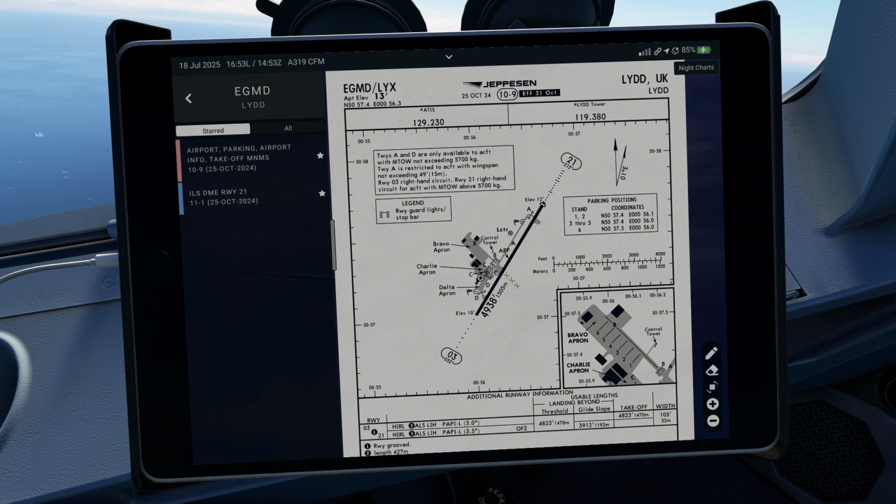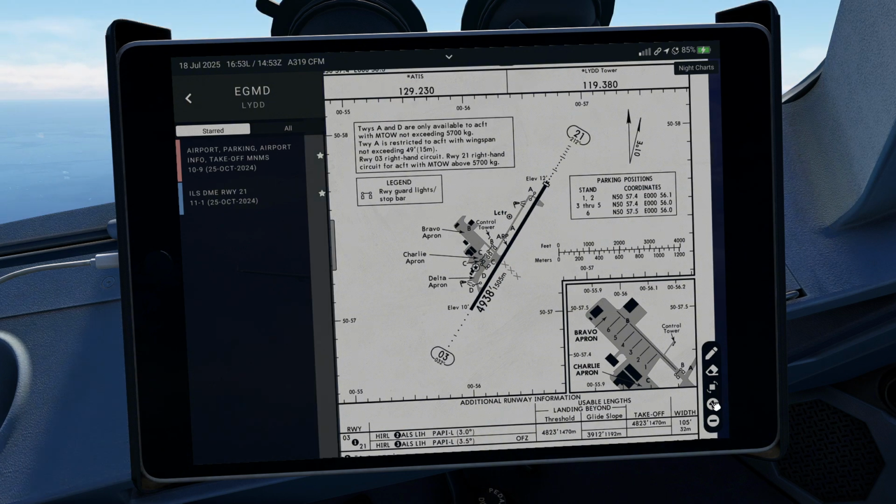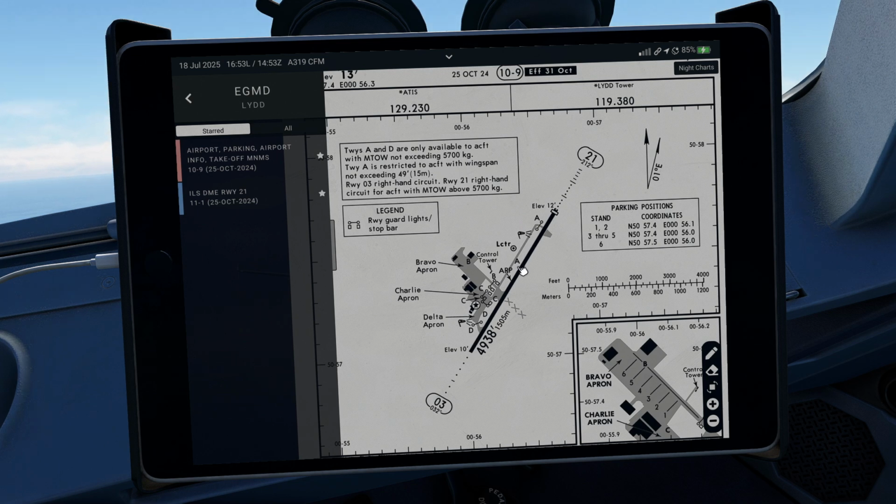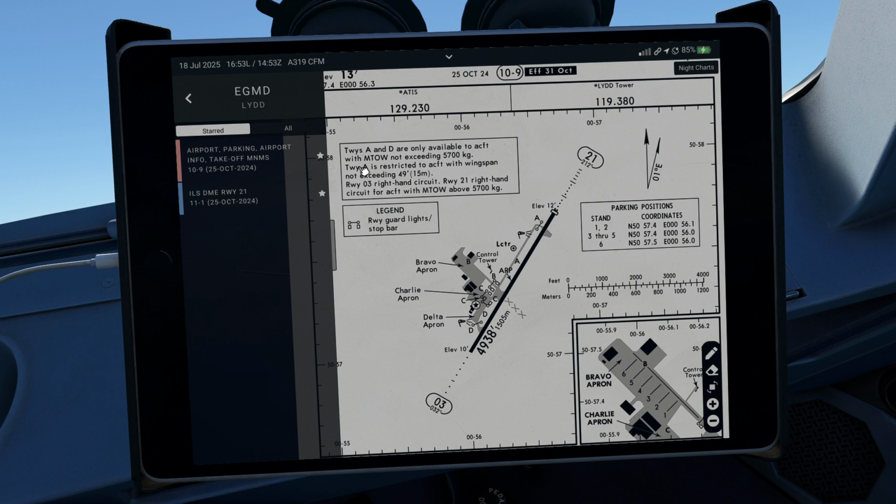As a result, real-world limitations, a short runway, the offset ILS, and the lack of jet service are the main restrictions of this airport for jet aircraft. You can see that taxiways Alpha and Delta, located here, are only available to aircraft with maximum takeoff weight not exceeding 5,700 kg.